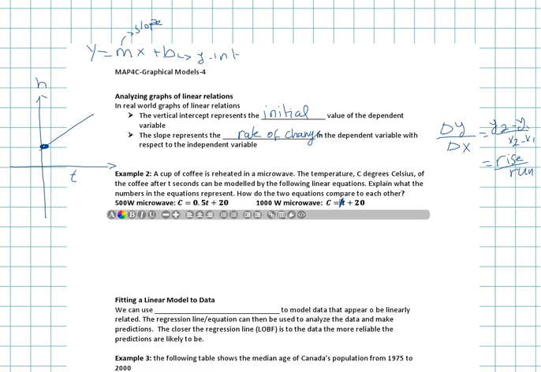So the coefficients of T, which are 0.5 and 1, are the rate of change of both temperatures with respect to time.